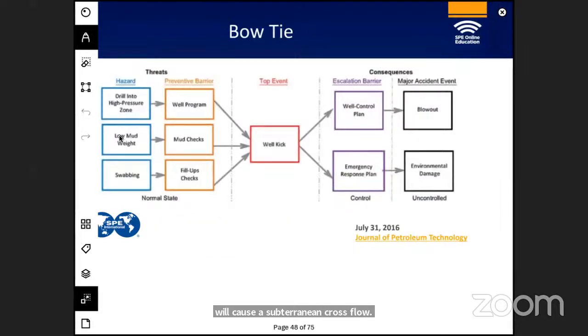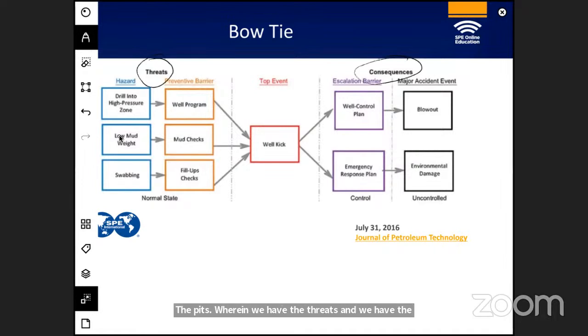This is another example of performing risk assessment, which is called a bow tie analysis. Here we have the threats and we have the consequences. For the threats, we have to identify the hazards and what the preventive barriers for these hazards are.